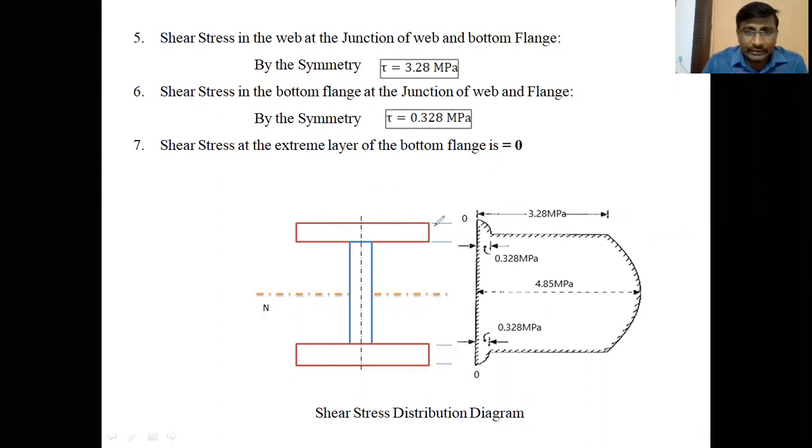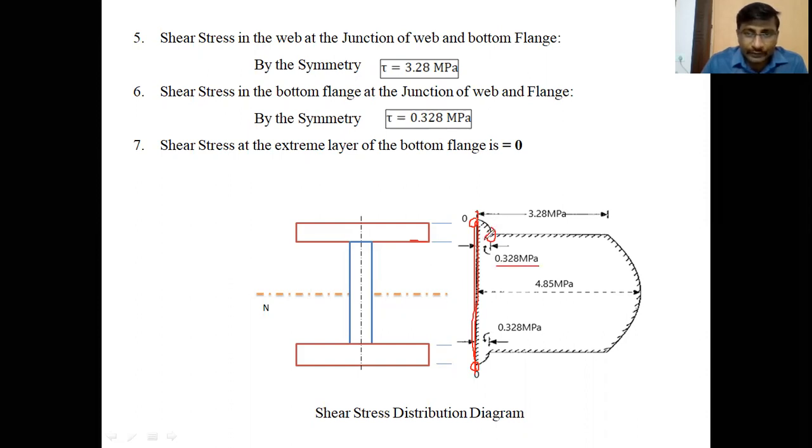On the tracing lines, you should locate the shear stress values. Adjacent to the I section, draw a vertical line. On that vertical line, you should locate the points at the extreme layers, where 0 shear stress is developed. From that, at the upper junction in the flange, the shear stress value is 0.328 megapascals.